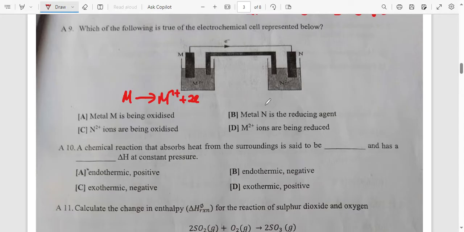And then this N this side will be gaining those electrons to become N2 plus.